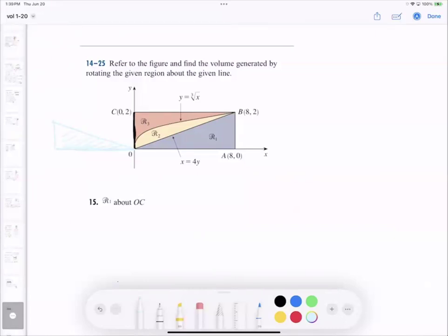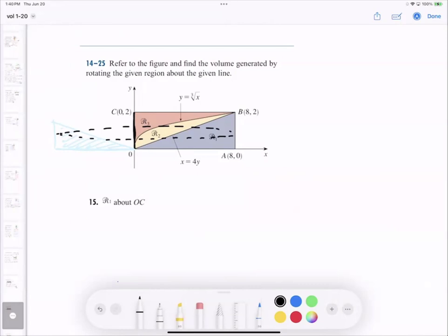We are rotating this with respect to, you can say, the y-axis. But this is just R1, right? Very good.